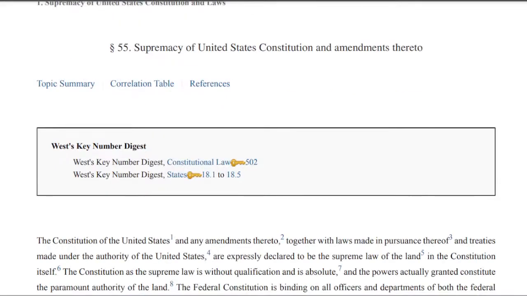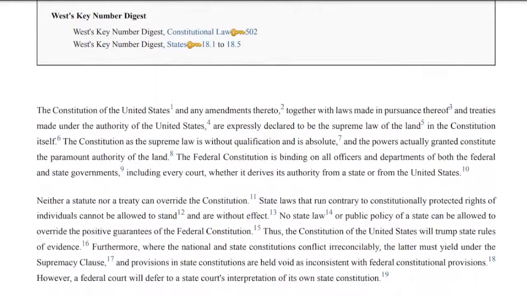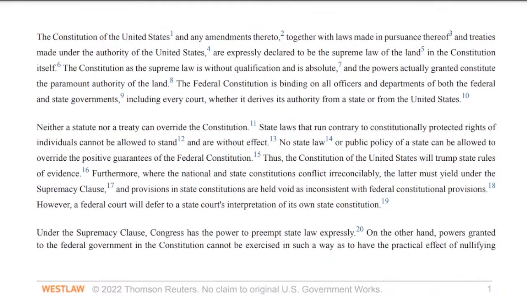So, the supremacy of the United States Constitution and amendments thereto. The Constitution of the United States and any amendments thereto, together with laws made in pursuance thereof, and treaties made under the authority of the United States, are expressly declared to be the supreme law of the land.